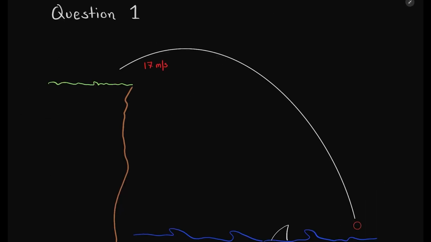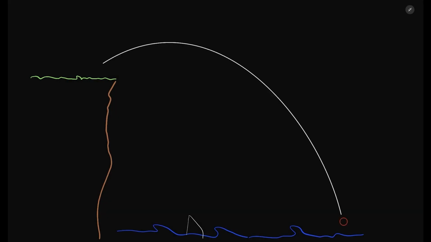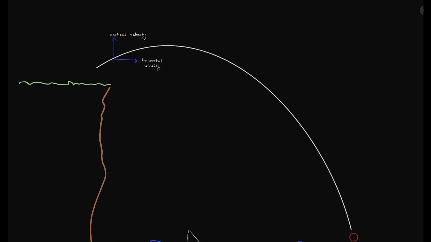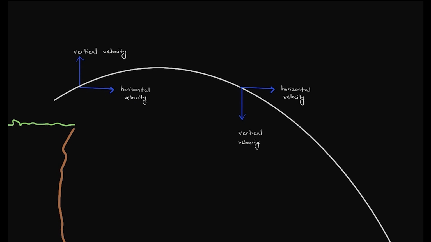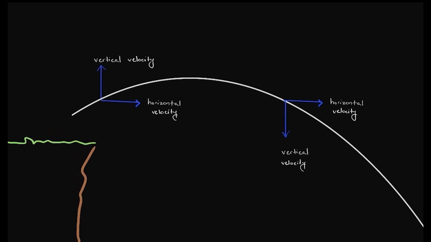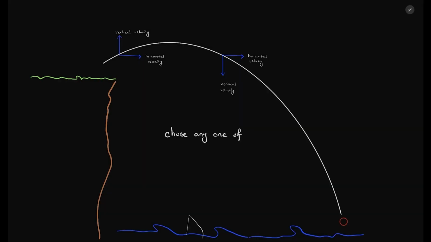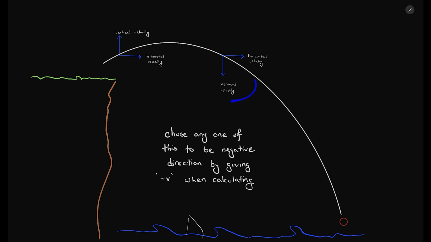Here you can see a ball has been thrown away from the cliff at 17 meters per second. At the beginning, we can see the vertical velocity is pointing upwards, and after a while, we can see the vertical velocity is pointing downwards. As velocity is a vector quantity, we can choose any one of these to become negative while calculating. As gravity pulls downwards, vertical velocity moving down will increase.